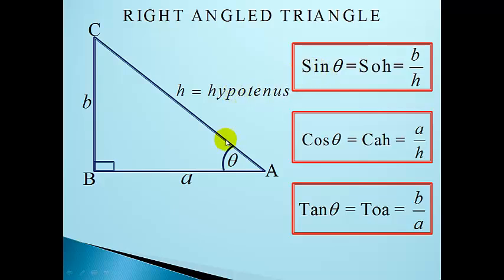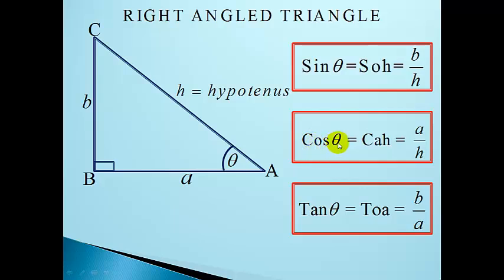Now, sine of the angle theta is equal to SO, that is opposite over hypotenuse. The opposite side to the angle theta is B, divided by the hypotenuse, that is the longest side, H. And so sine theta is equal to B over H.